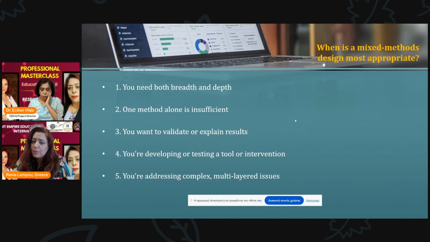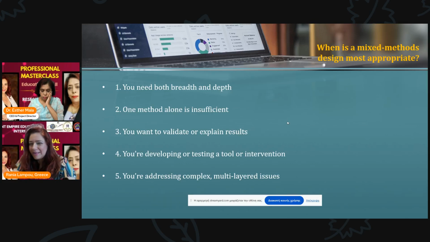So this approach is especially useful when, first, you need both breadth and depth, because quantitative data provides generalizable numerical trends, and qualitative data adds depth by exploring participants' experiences, perceptions, or motivations.